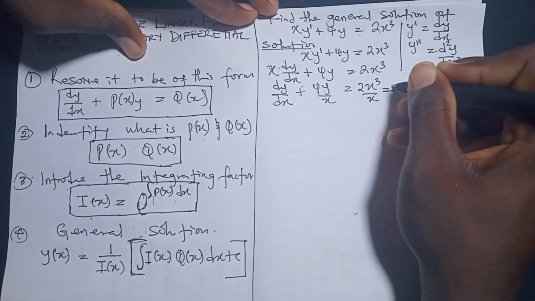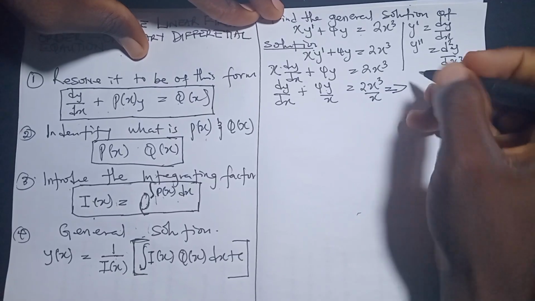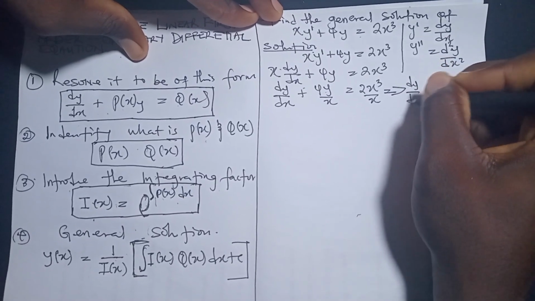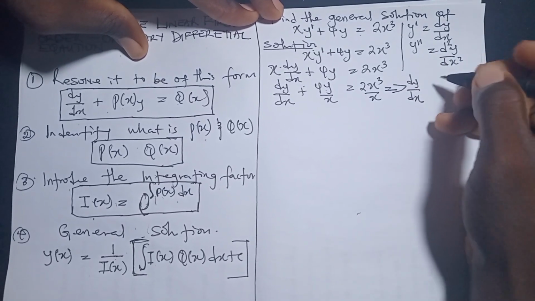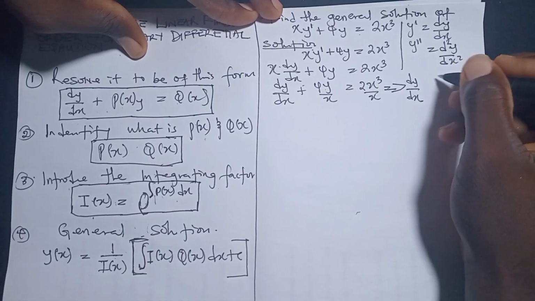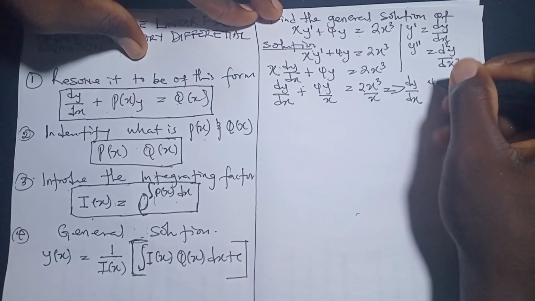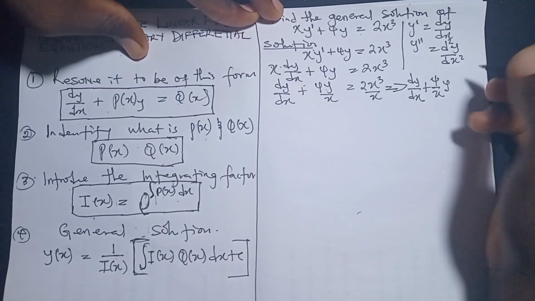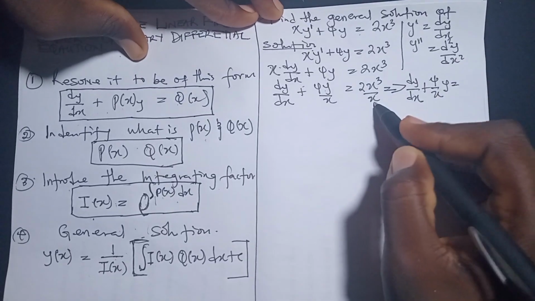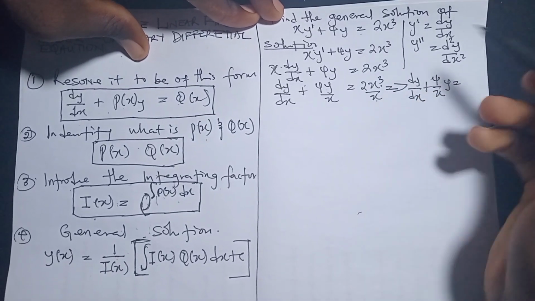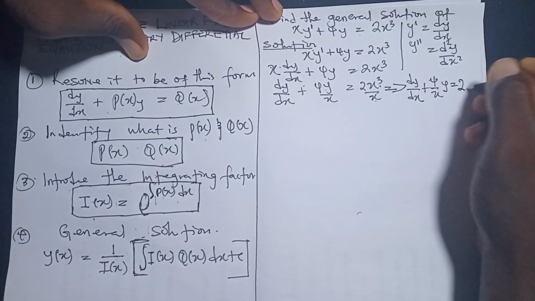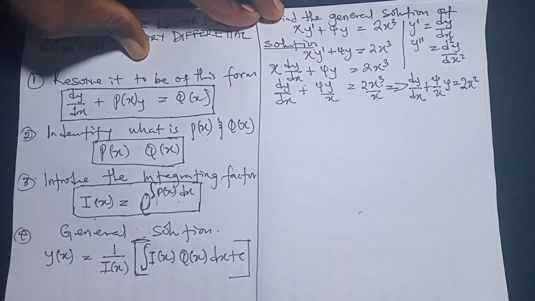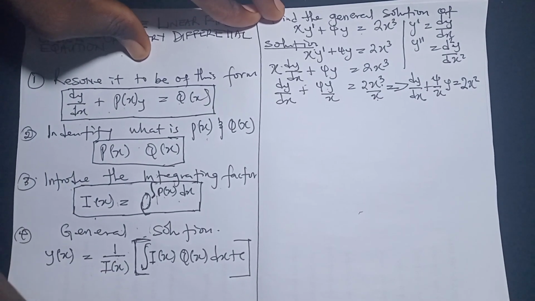So this is equal to dy dx plus 4y over x equal to, x can cancel one x here, so you are left with 2x squared.